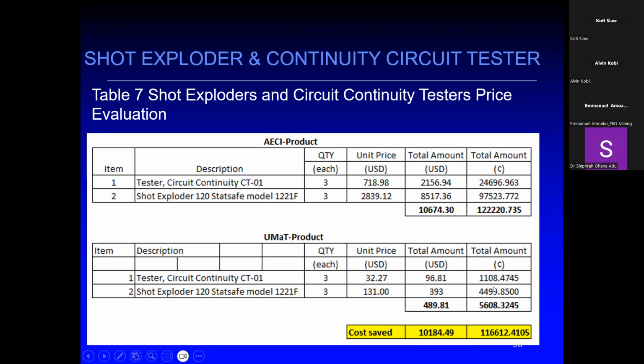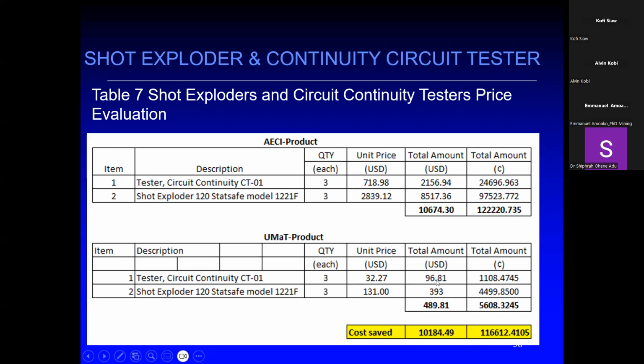Now, compared to this, the one here is in dollars, which is $10,674, compared to this one, which is $489.81. Now you can see over here that this is converted into cedis. This is the cedi amount, which is 5,608.